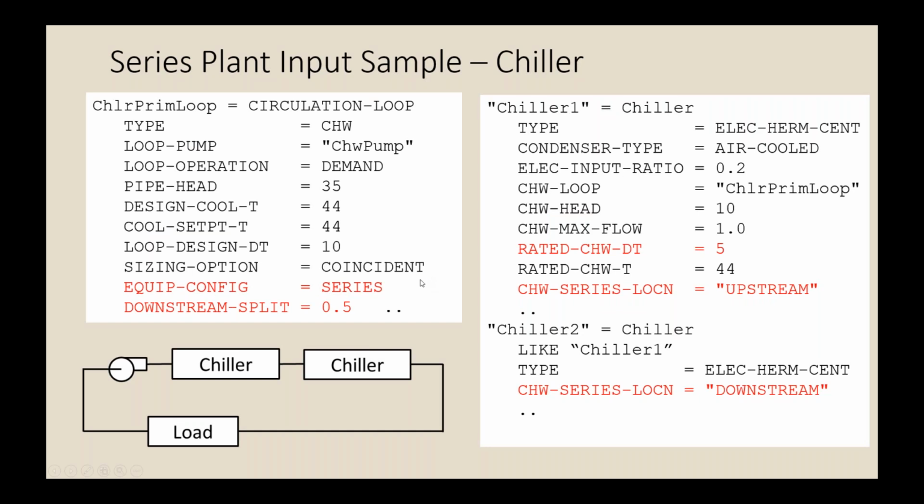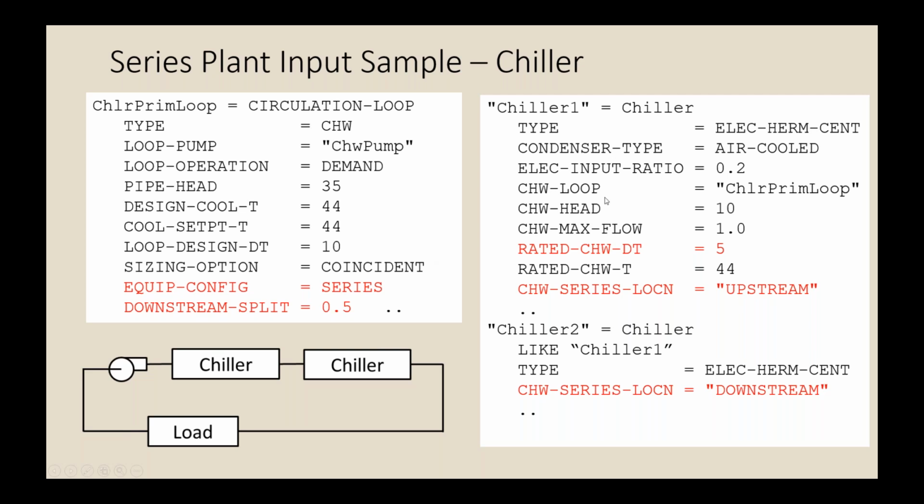Here's an example of input for a series chiller plant. It's really fairly simple. In the primary loop, you specify the equipment configuration to be in series, and then if you're doing automatic sizing, you specify a split of the capacity between the upstream and downstream.